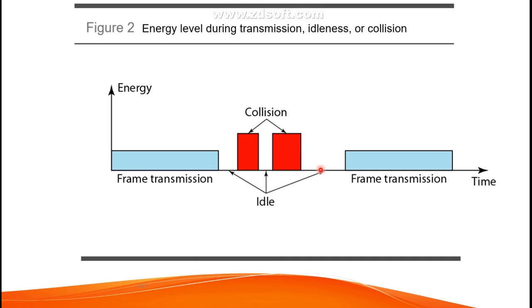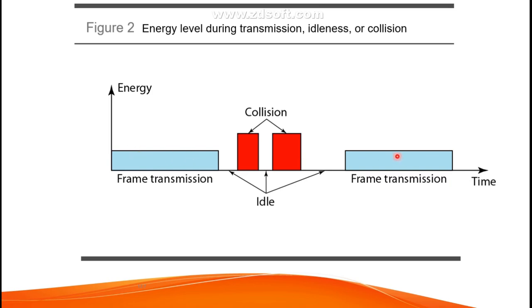Second, the energy level is normal when a station has successfully captured the channel and is transmitting the frame, which is shown by this blue color. During that time, the energy level of your carrier has a normal value.